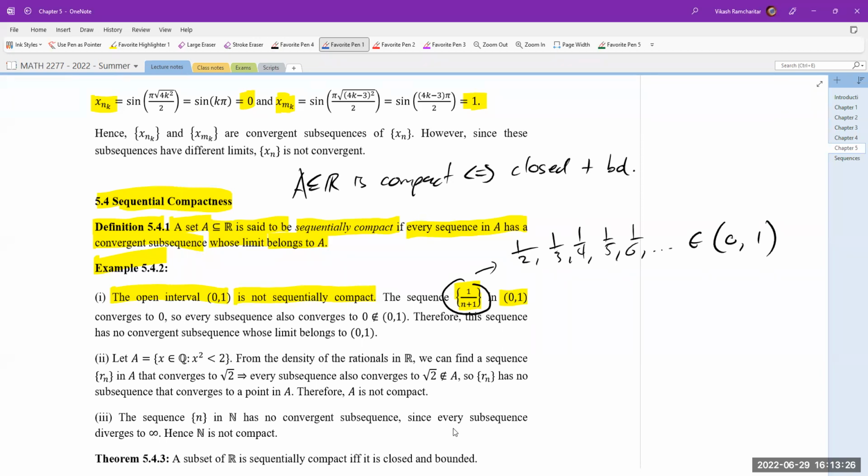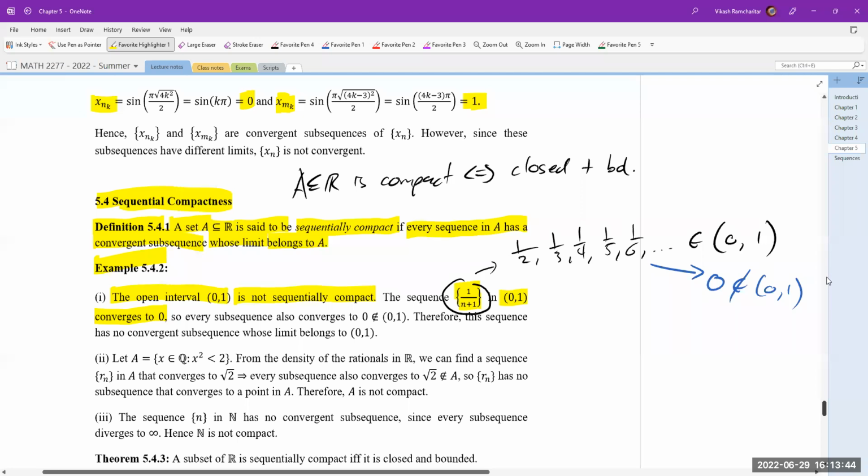However, this sequence converges to what? To 0. 0 is not in the set. So this sequence converges to a value that's not in the set. Remember we just looked at the result that if the original sequence converges to 0, every subsequence must also converge to 0.